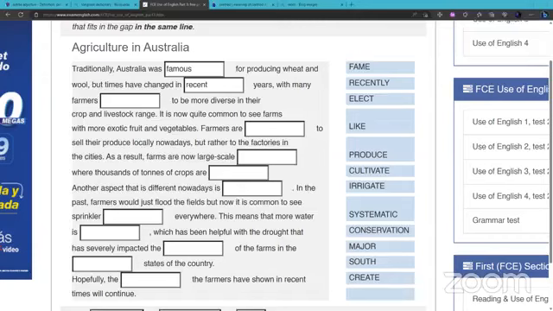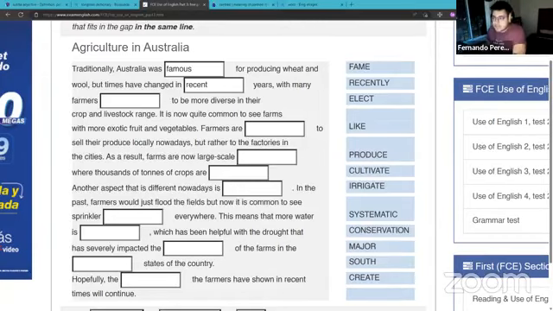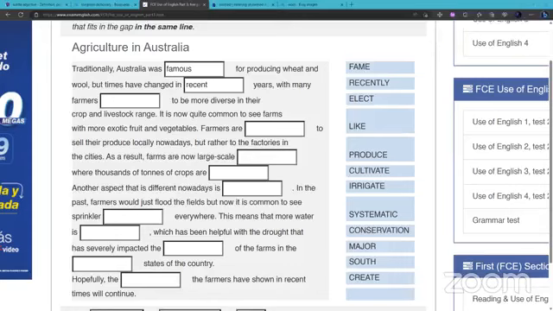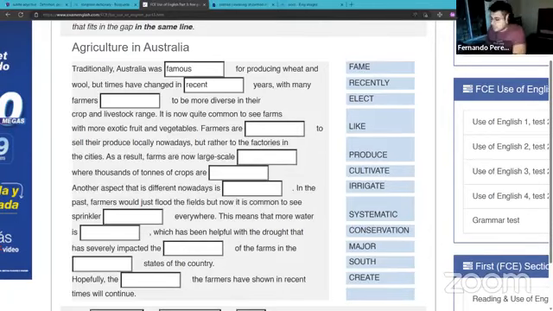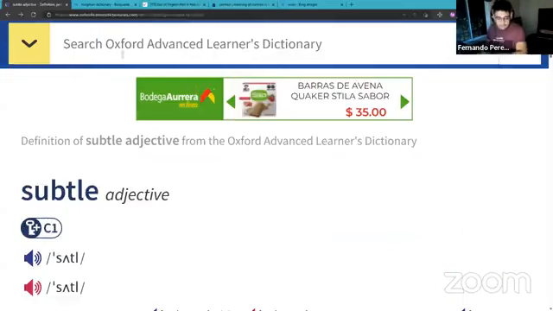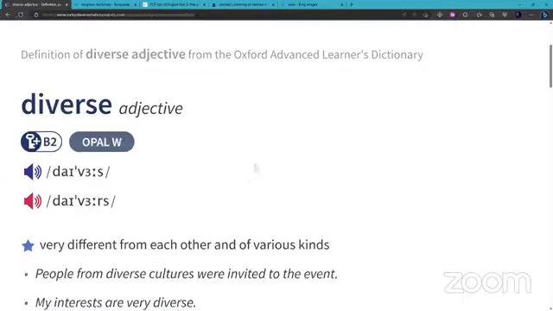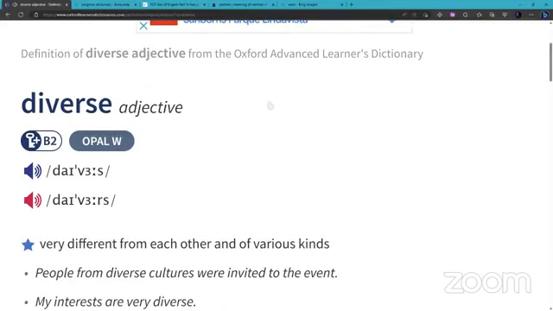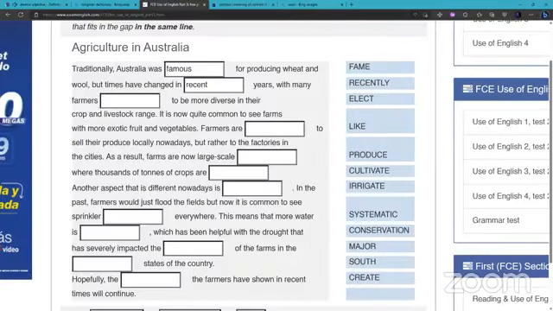Farmers... But that's not the beginning of the sentence. With many farmers to be diverse in their crop and livestock range. Good. Pronunciation. Diverse. Exactly. Diverse. With many farmers.